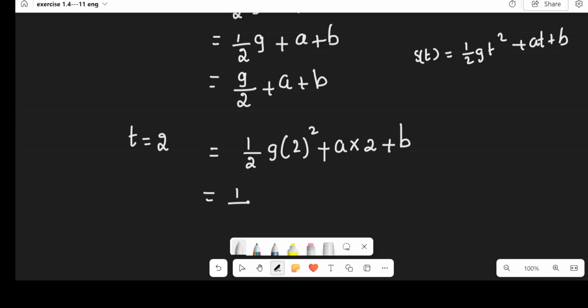So what should be the answer? 1 by 2 g into 2 into 2, 4, plus 2 into a, 2a, plus b.